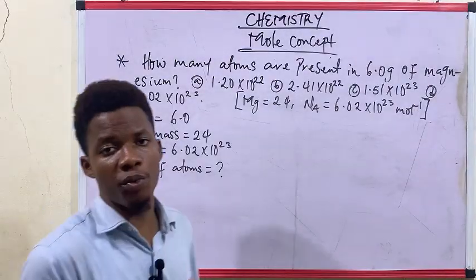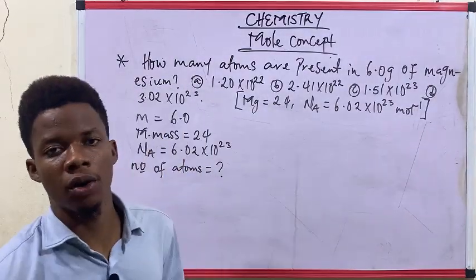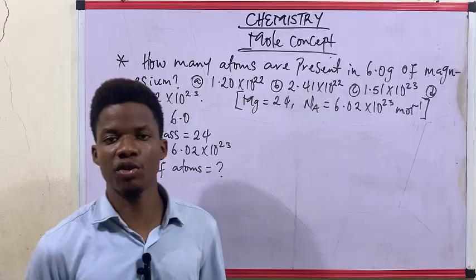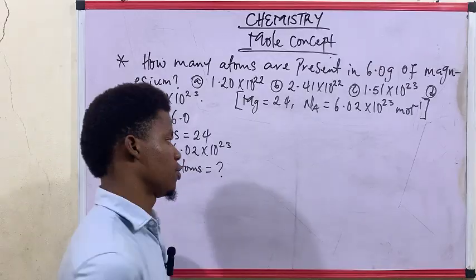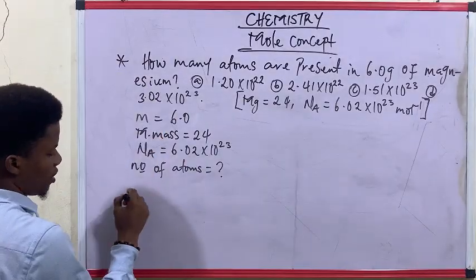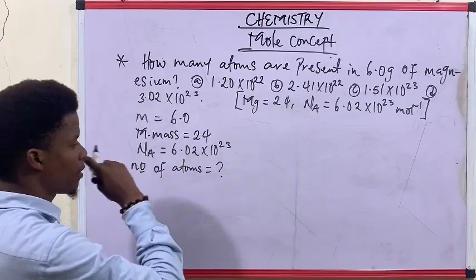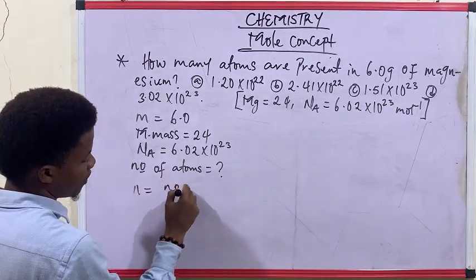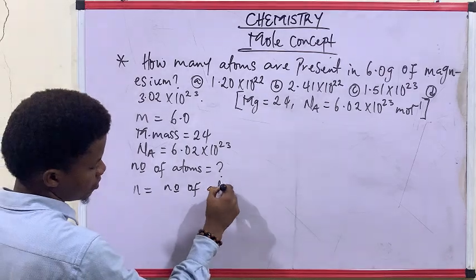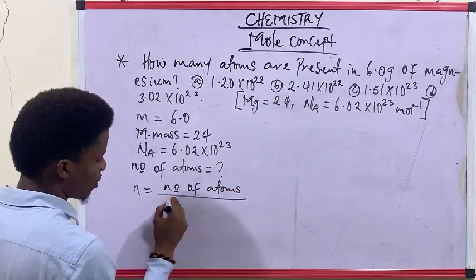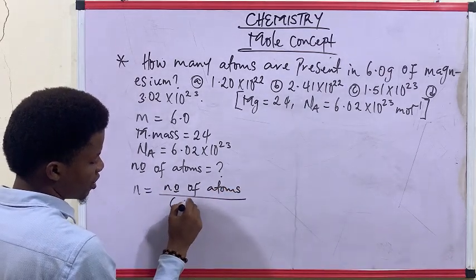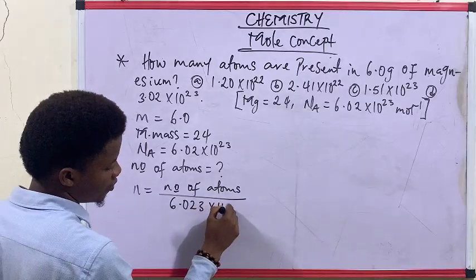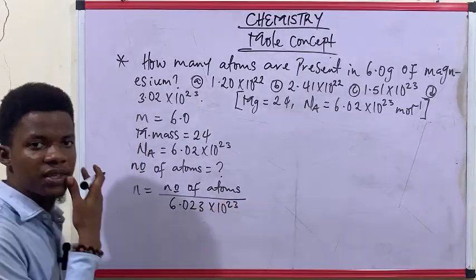Now, which formula relates with Avogadro's number? There's only one formula. Normally we have that chain formula. We can use n is equal to number of atoms all over 6.023 times 10 raised to the power of 23.